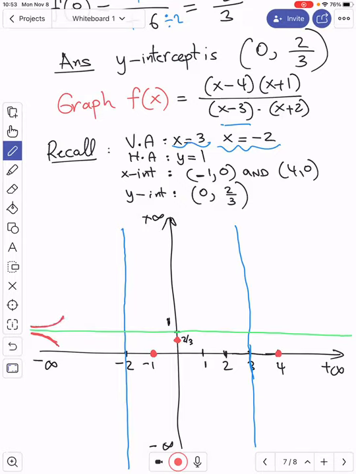But you need to keep in mind, guys, we have to determine which one is going to be the graph of f. The graph of f cannot be, at the same time, above and below the horizontal asymptote, because otherwise it's not a function. If you use a vertical line test, if you take this line here, you're going to intersect this graph in 2 points. So that's not a function.